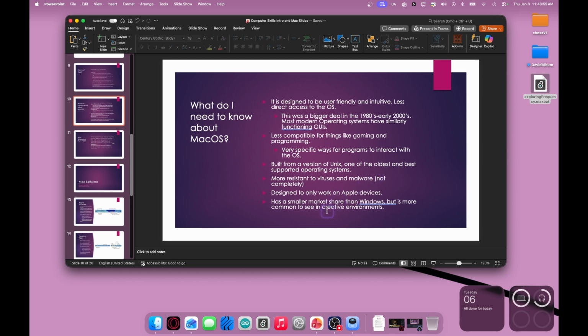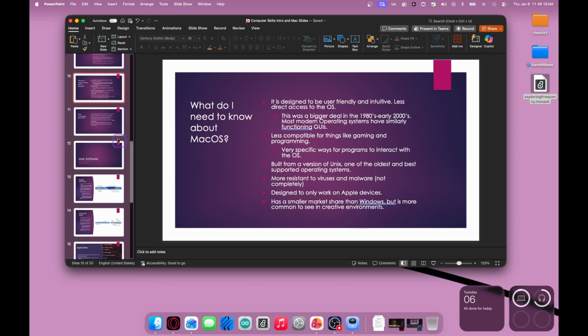And then broadly speaking, in terms of market share, Windows is a lot more common and on a lot more devices, but you tend to see a lot more Mac stuff for creative things, whether it be editing videos or music or images. Macs are really common for that, and there's a variety of reasons.